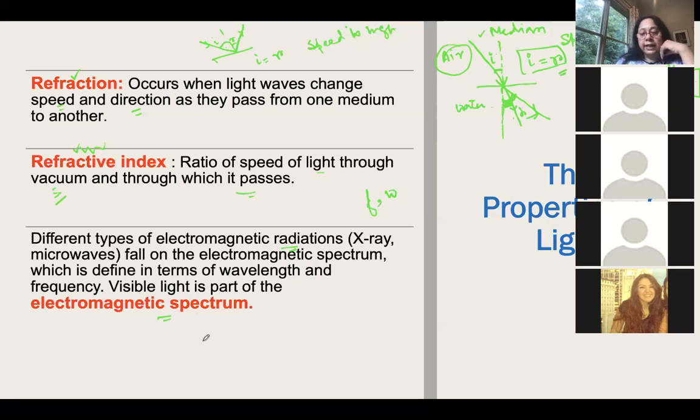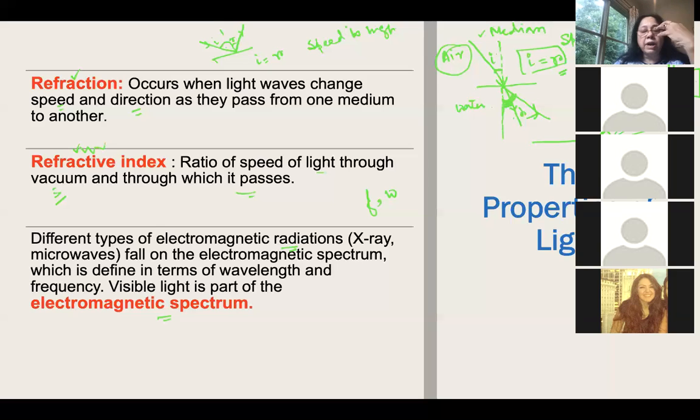If one light ray falls onto a prism, you can see that it breaks down into 7 different rays. Why? Because all of these light rays have different frequency and different wavelength.